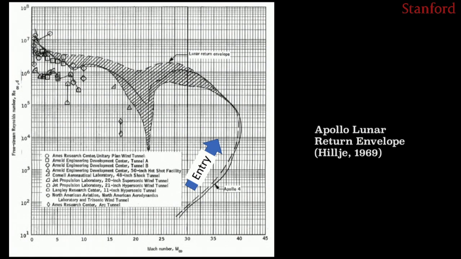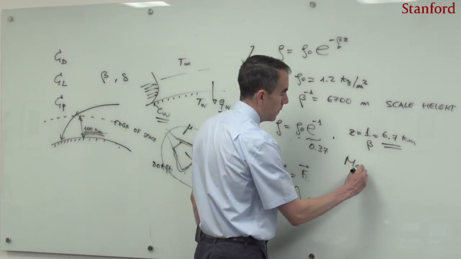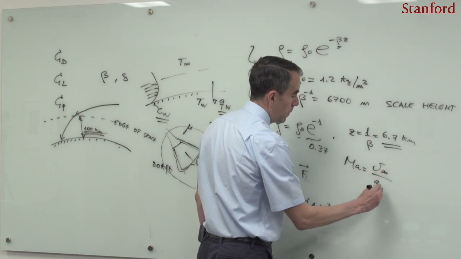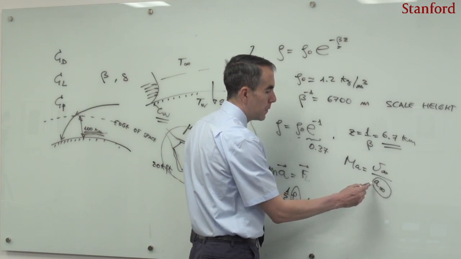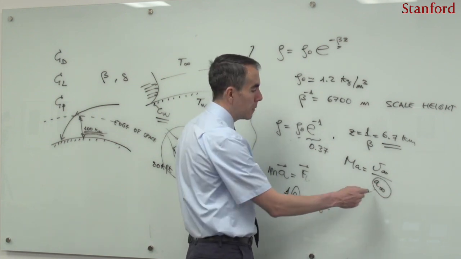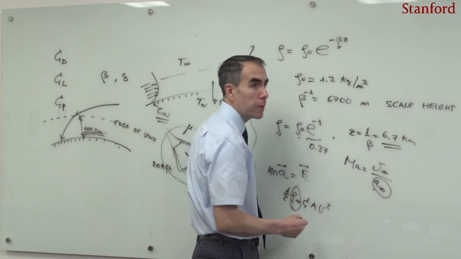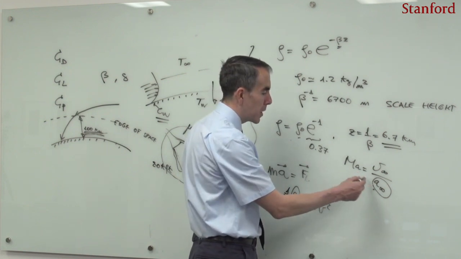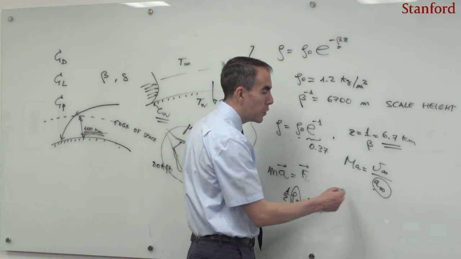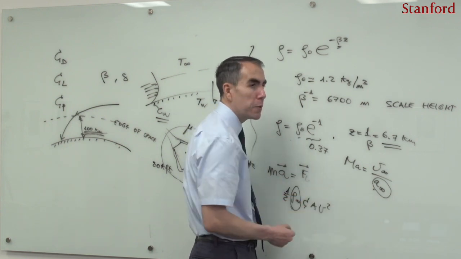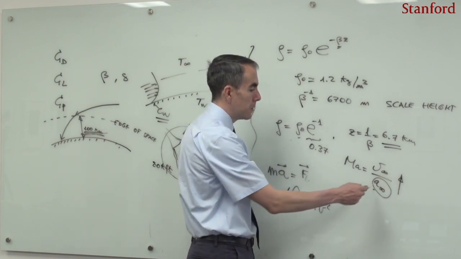So if one goes back to the definition of the Mach number, across the thermosphere this speed of sound is actually relatively large, because the temperature in the thermosphere, if you were just to define the Mach number based on that temperature, is large.